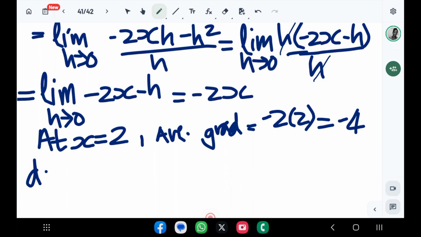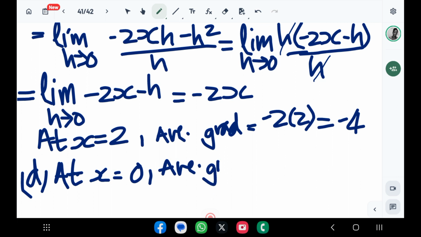Number D, at x equals 0, the gradient is equal to negative 2 times 0, which is equal to 0.